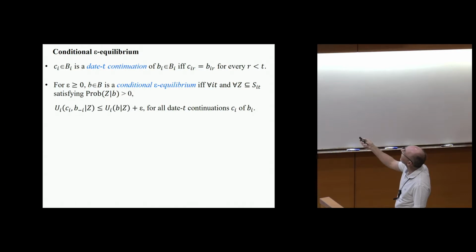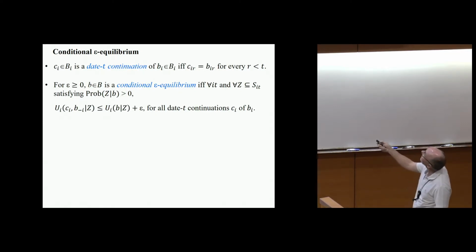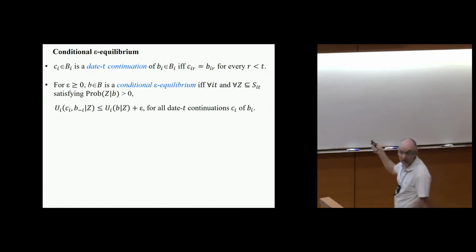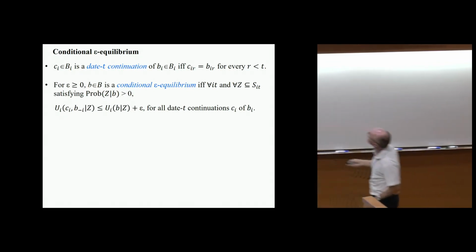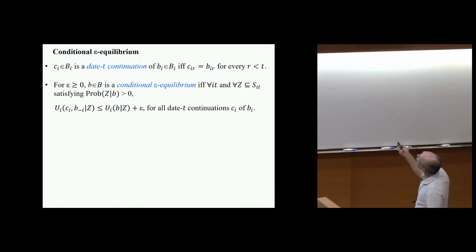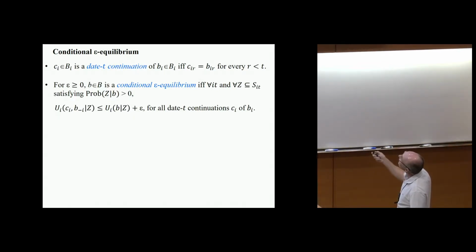That is, the payoff you're getting at B, well, you can't improve on that. Remember, you're at date t here, okay? So where are we? We're at date t. These are signals that you observe in date t. You can't improve conditional on being with these signals at date t. You can't improve your payoff by more than epsilon for any date t continuation. Okay, so if that's true for all dates t, all date t continuations, then we say that B is a conditional epsilon equilibrium.